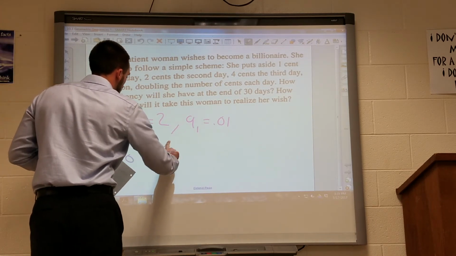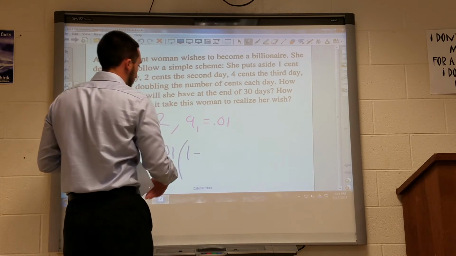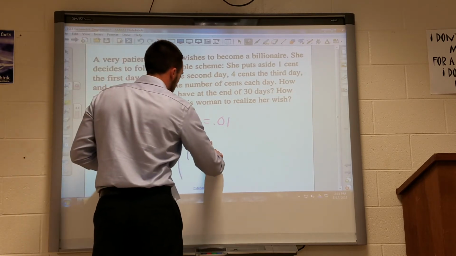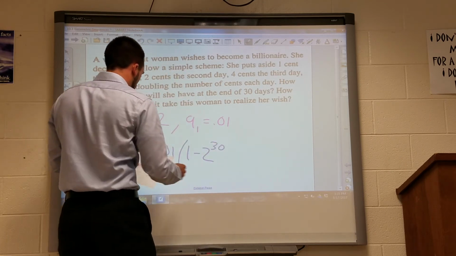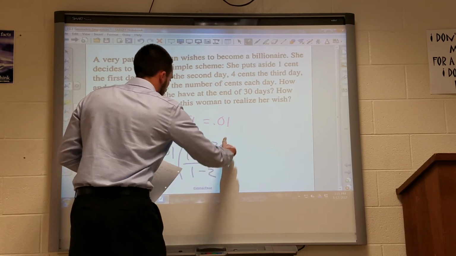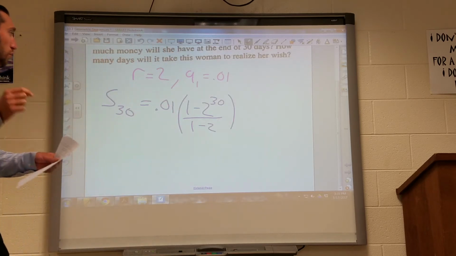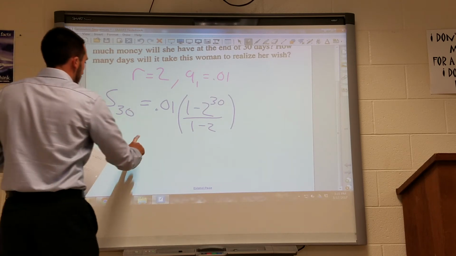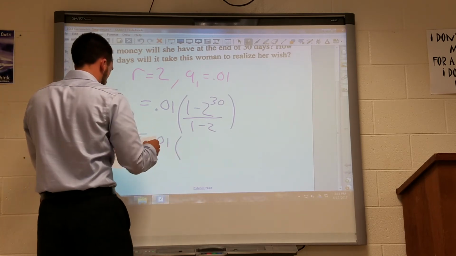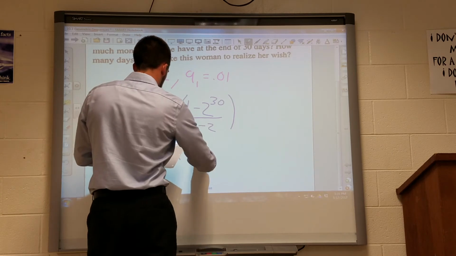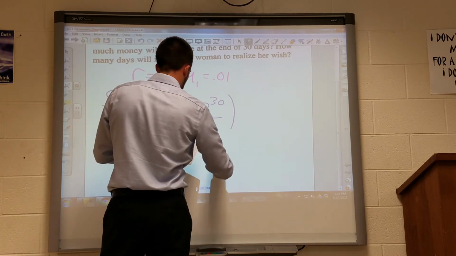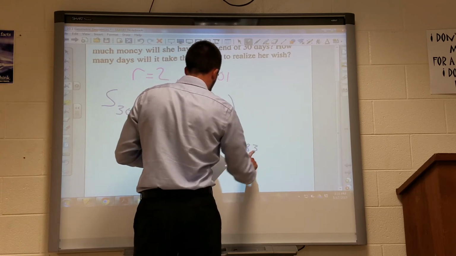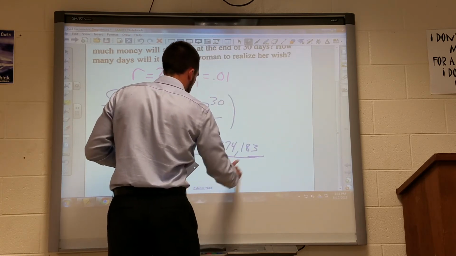That's equal to 0.01 times 1 minus my ratio raised to n, so the 30th power, divided by 1 minus 2, with 2 being the ratio. That gives me 0.01 times negative 107,374,183 over negative 1.